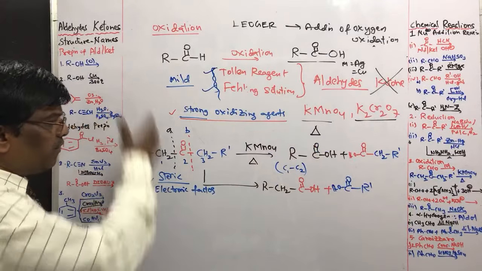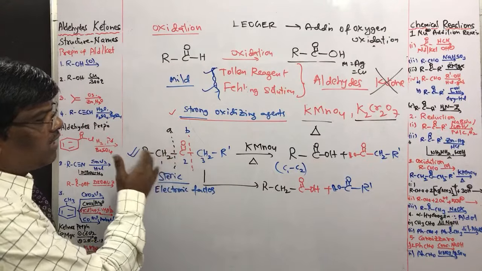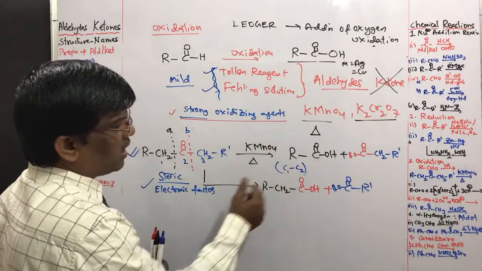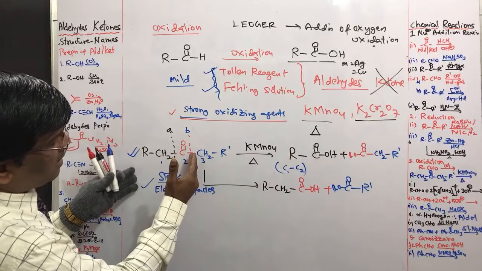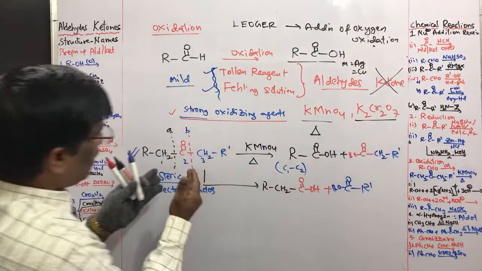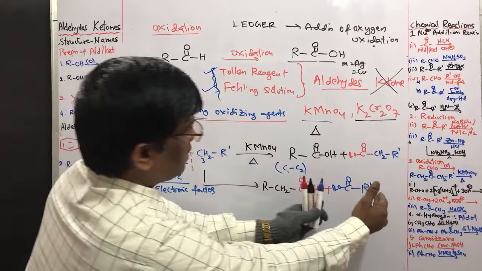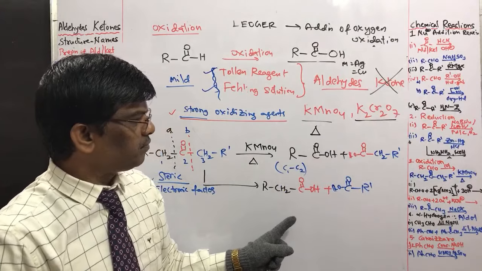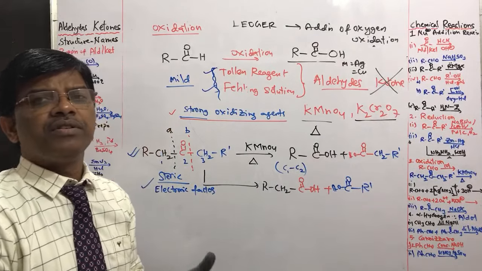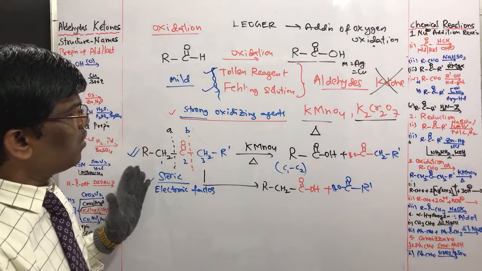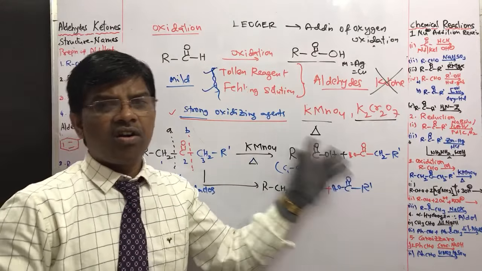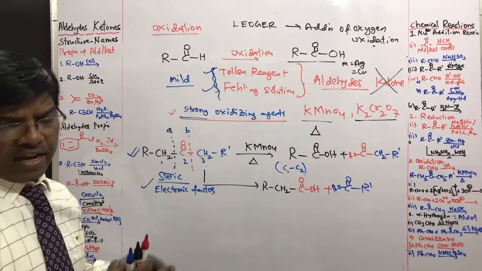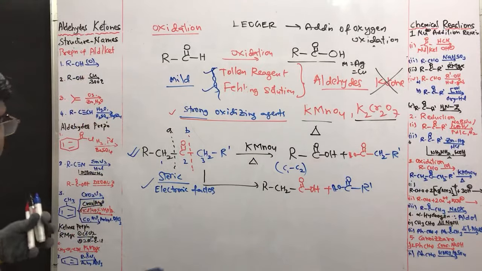However, they cleave the ketone molecule at different sites. For example, if carbon 1 and 2 undergo cleavage, it gives this side acid and this side acid. If it cleaves at the other site, it gives this acid and this side acid. So it gives 4 different acids. That is why ketones undergo oxidation only under drastic conditions. Let us take one by one and you will come to know the importance of these tests, Tollens reagent and Fehling's solution. Yes, thank you, Yadav.